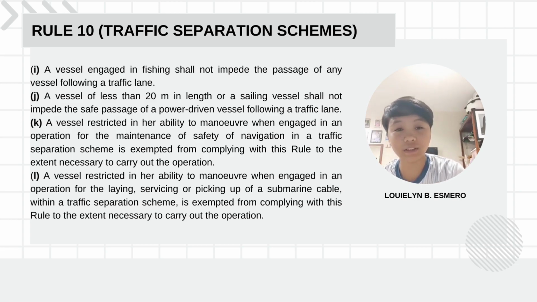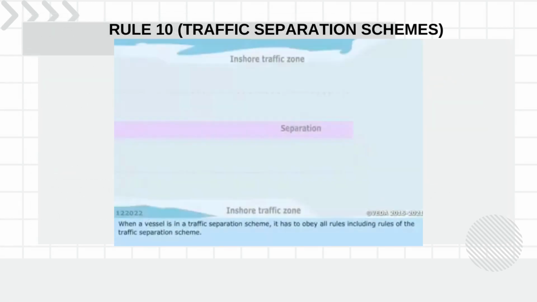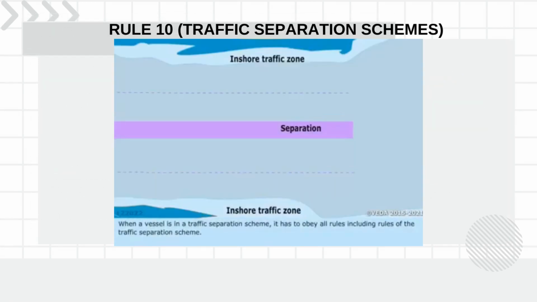So, a vessel that is restricted in her capacity to maneuver while working within a traffic separation scheme to lay, service, or pick up a submarine cable is exempt from complying with this rule to the amount required to complete the operation. When a vessel is in a traffic separation scheme, it has to obey all rules, including rules of the traffic separation scheme.